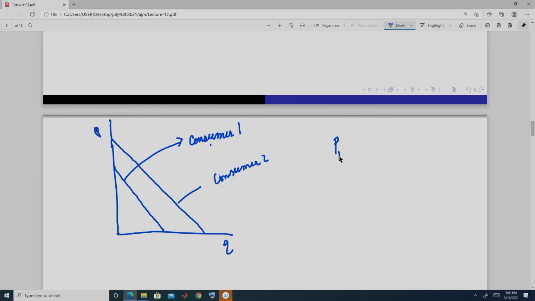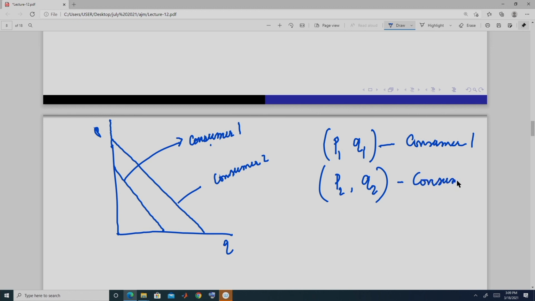So what the monopolist can do is design one price bundle, P1 and Q1, and another price bundle, P2 and Q2. The first is for consumer 1 and the second is for consumer 2.